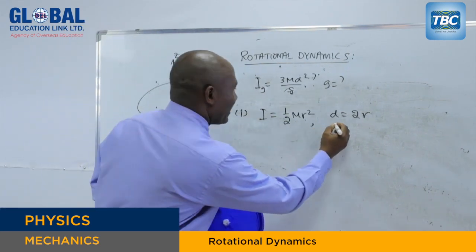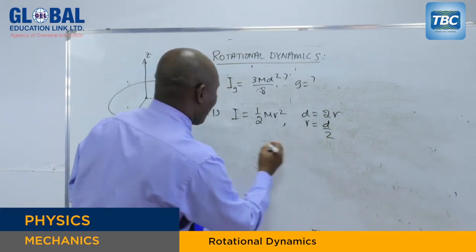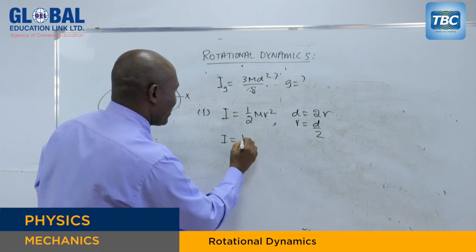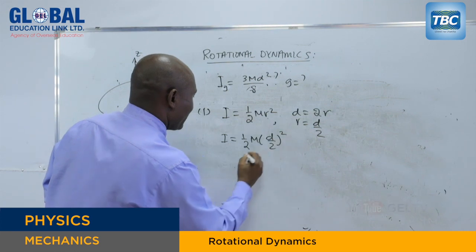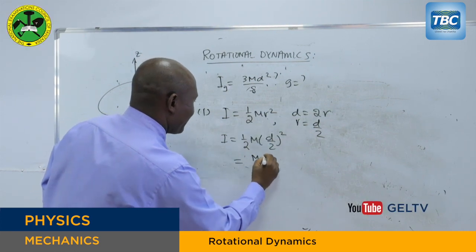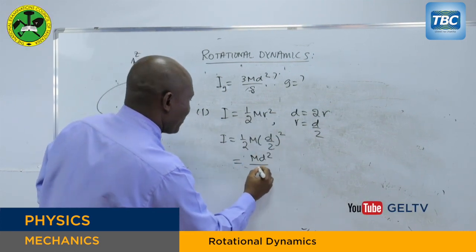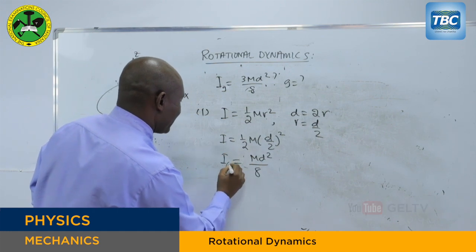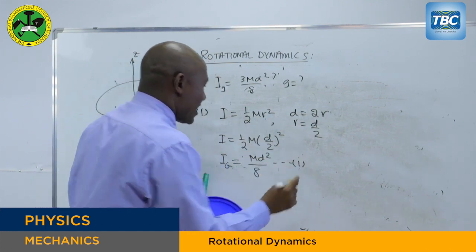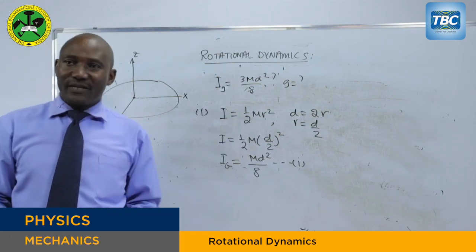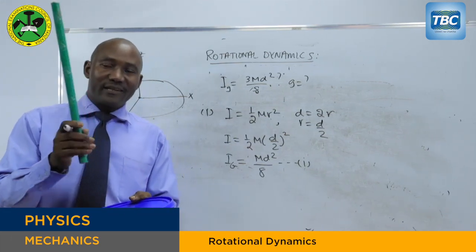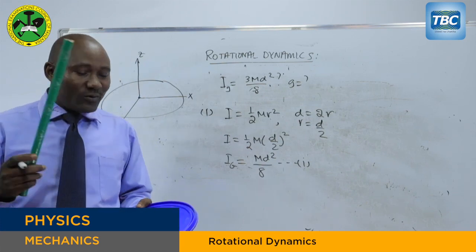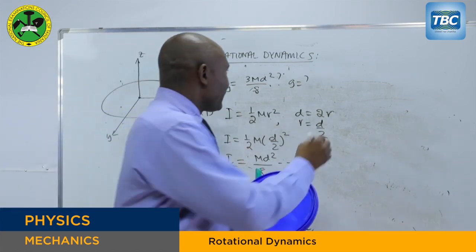If you take r as d over 2, we get I equals 1/2 m (d over 2) squared, which gives us m d squared over 8 about the center. Are you getting the same answer? No, that's not the correct answer. It's not passing through the center of gravity. We go to another alternative.